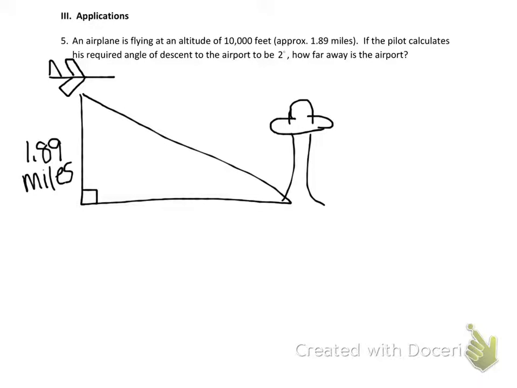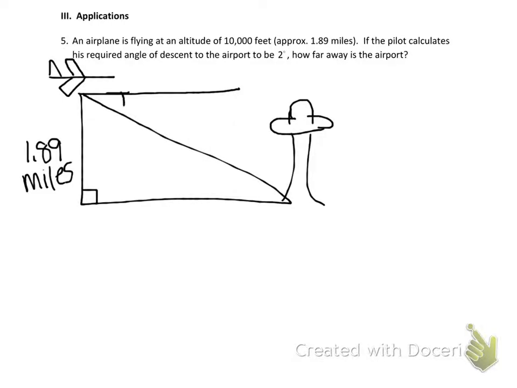And all we know is that he has a descent of 2%. So that doesn't mean what his angle is from the airport to where he is in the sky. That means if he's traveling along this line right here, his angle of descent is actually in this direction because he's going down.